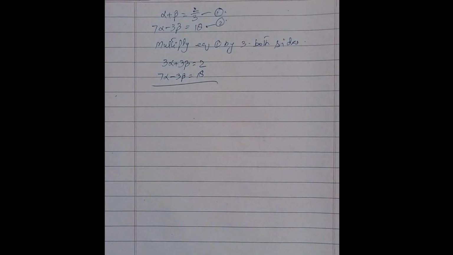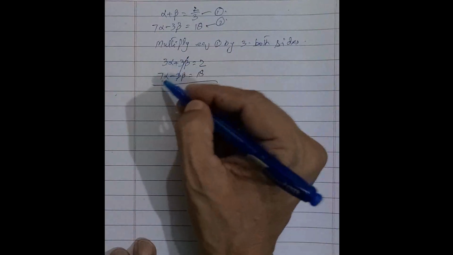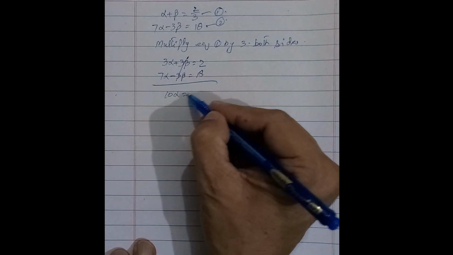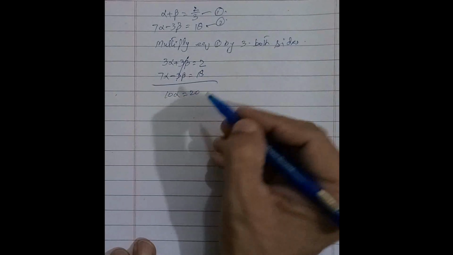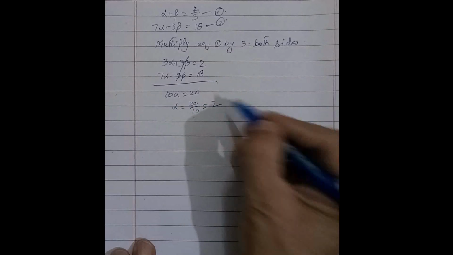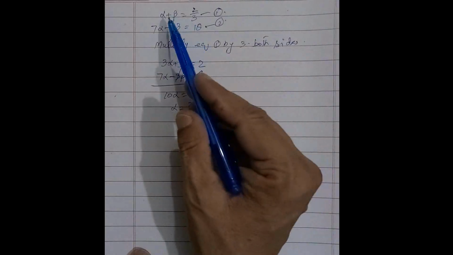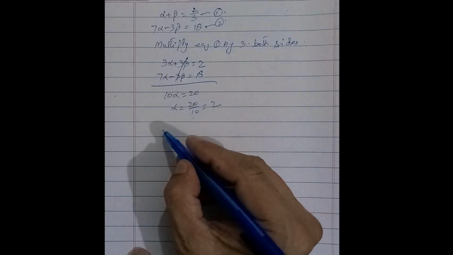Now simplify these equations. 3 beta cancels with minus 3 beta, we have 10 alpha is equal to 18 plus 2 is equal to 20, and alpha is equal to 20 over 10, which is equal to 2. The value of alpha is 2. So we put the value of alpha in equation 1.